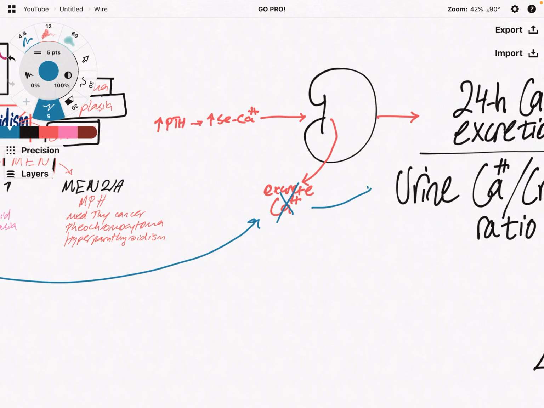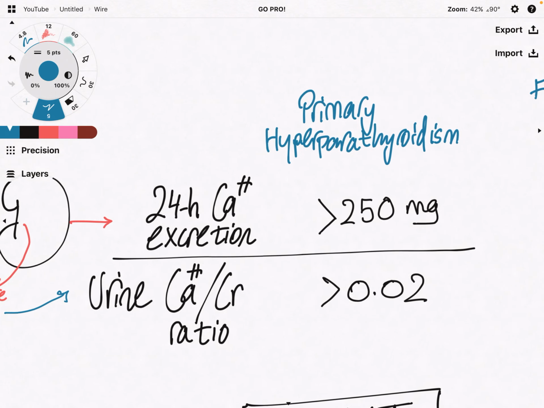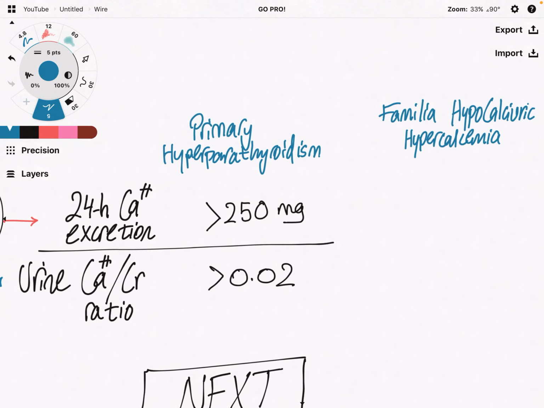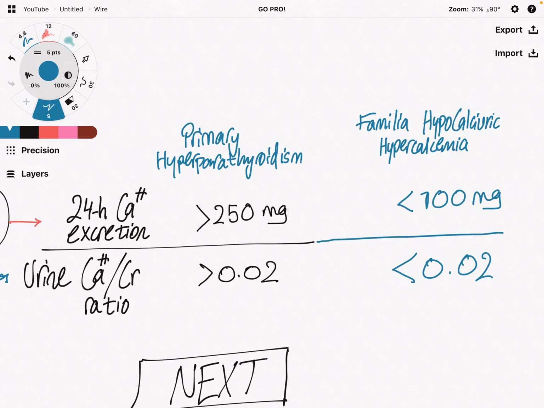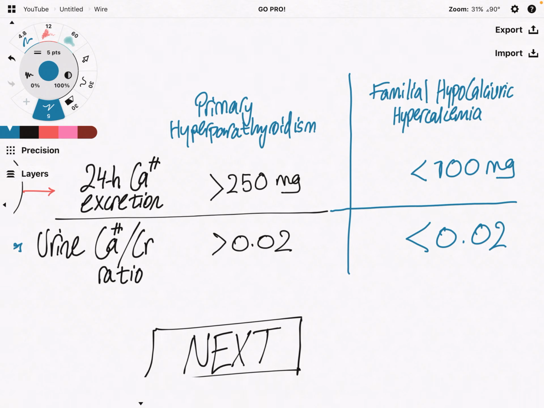Therefore, if we measure the 24-hour calcium excretion in familial hypocalciuric hypercalcemia, it would be less than 100 milligram. And if we didn't wait for 24 hours and we just measured the urine calcium to creatinine ratio, it would be lower than 0.02. So that's how we differentiate between primary hyperparathyroidism and familial hypocalciuric hypercalcemia.